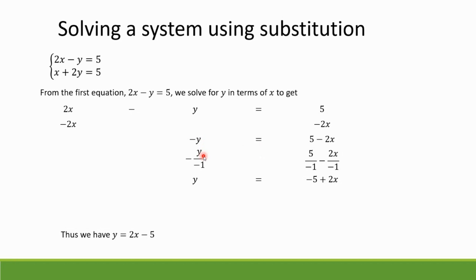So we can divide by negative 1. So I get y equals negative 5 plus 2x, which is the same as saying y is 2x minus 5. So we have y in terms of x now. Are we done? Well, not quite.